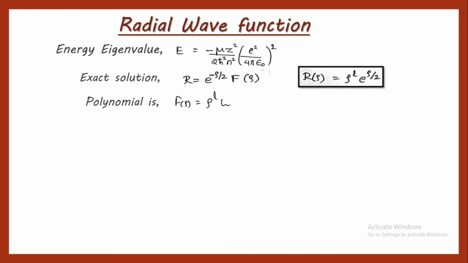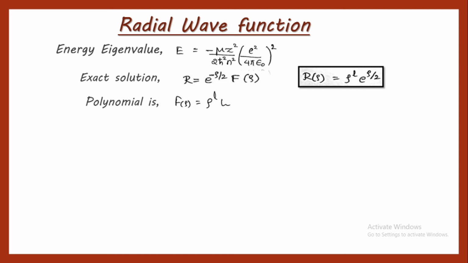In mathematics, it is a second order linear differential equation, and this equation has non-singular solutions only when n is a non-negative integer. For the hydrogen-like atom, n, which defines the principal quantum number, varies from 1, 2, 3 and so on, that is, all are positive integers. That's why in our polynomial we can include this polynomial L of rho.